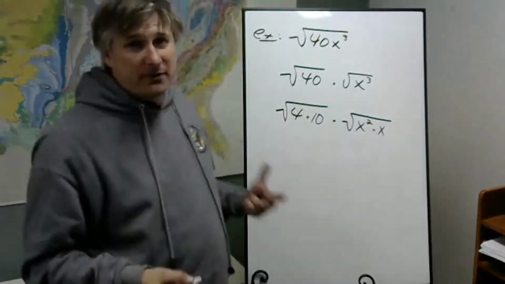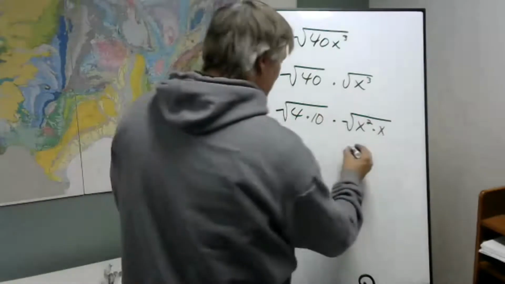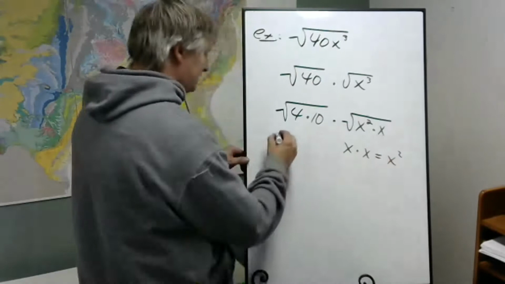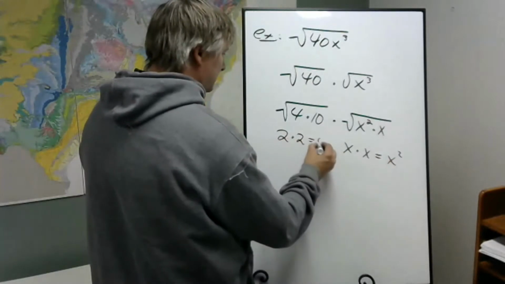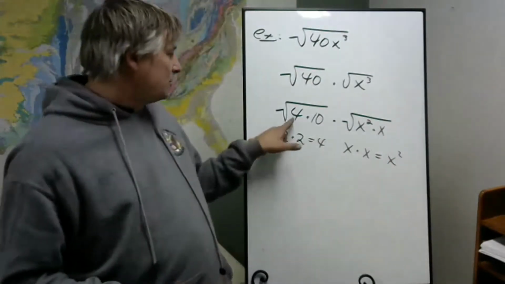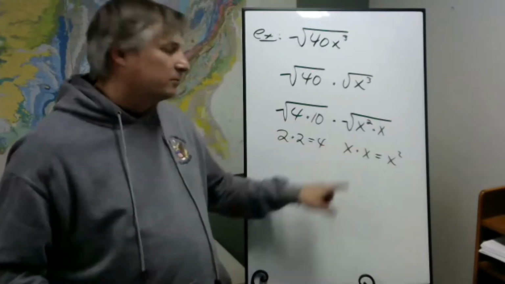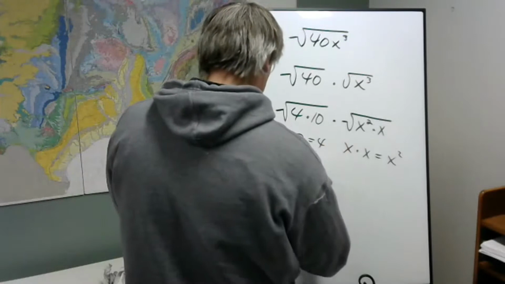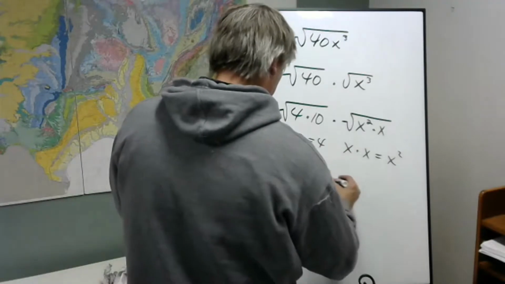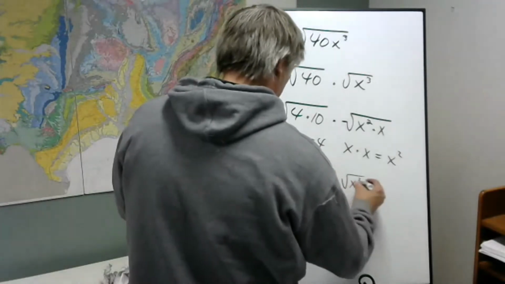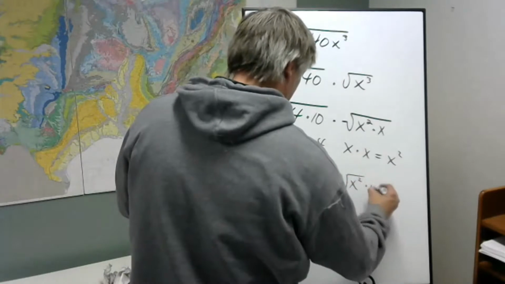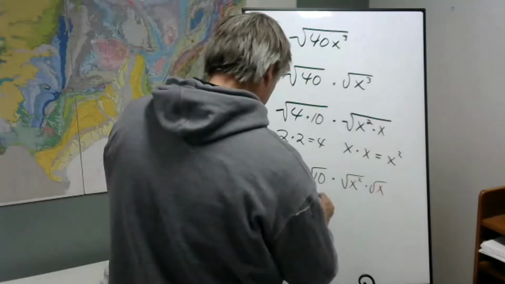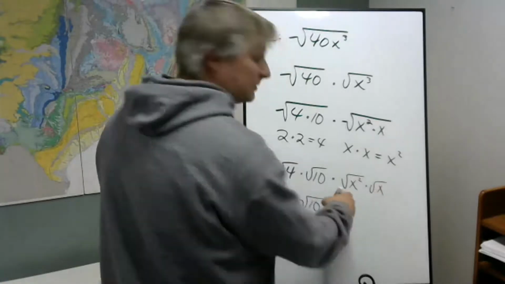And the reason is the square root of x squared is x. X times x is x squared, just like 2 times 2 is 4. So we know the square root of 4, we're going to know the square root of x squared. That's going to be 2. Going to be x.